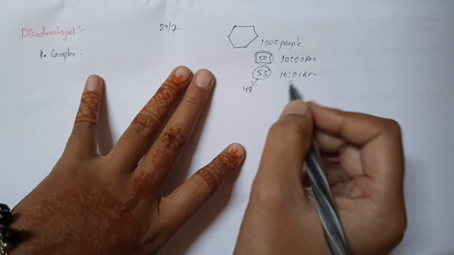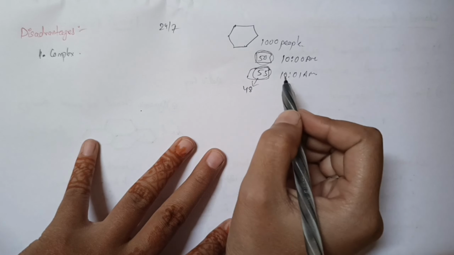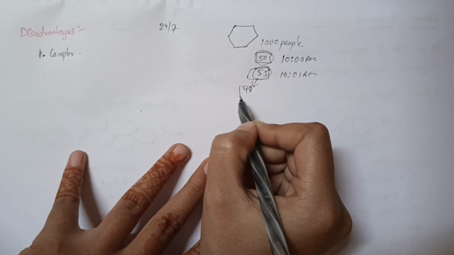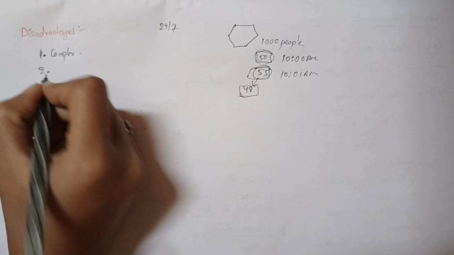So that's why we need to allocate the channel if the traffic increases and deallocate the channel if the traffic decreases. So that is complexity.